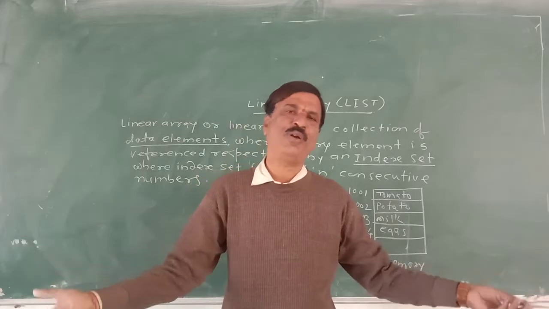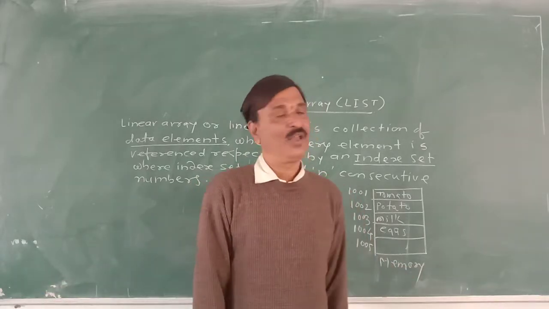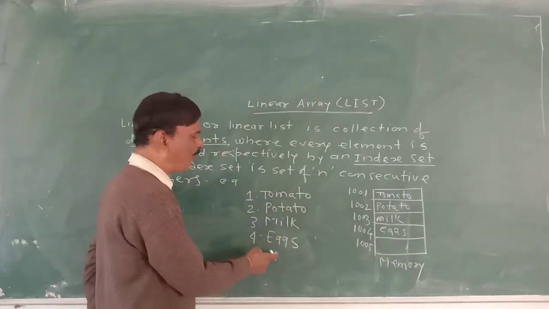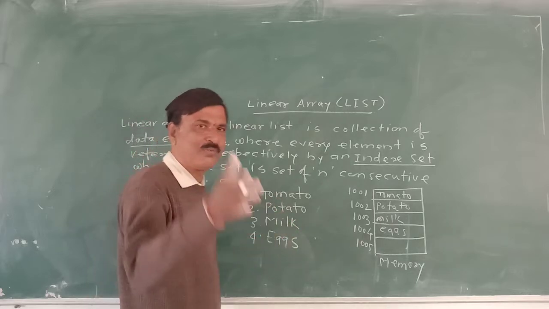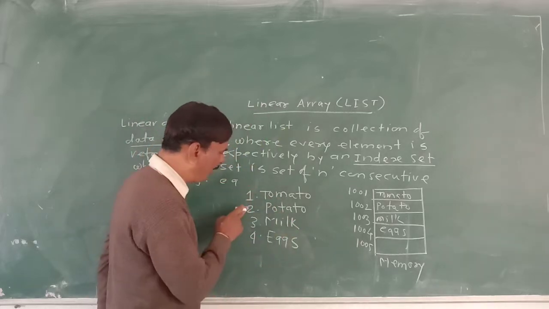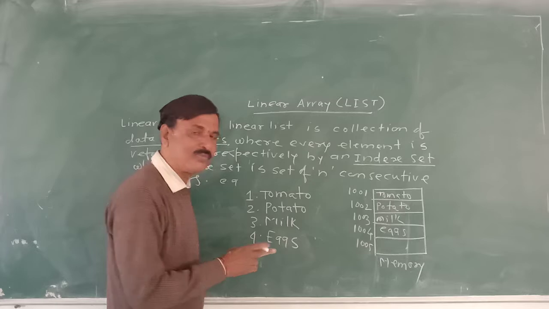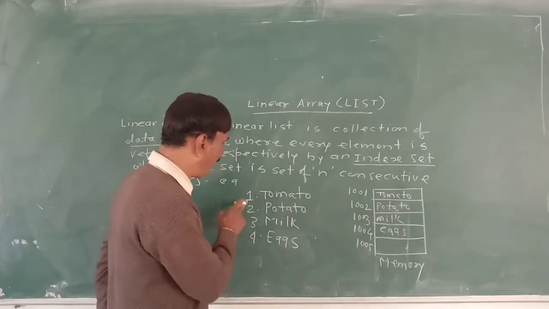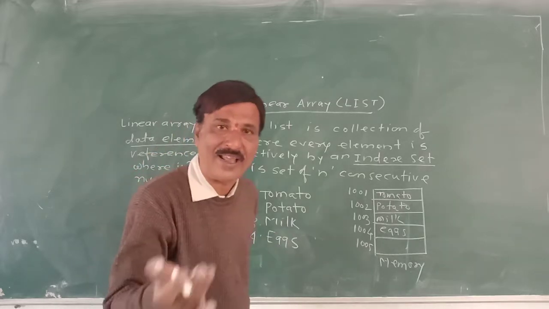Thus the problem of the index set is solved automatically, because on the plain paper not only have we collected the elements, but every element is referenced respectively by an index set.